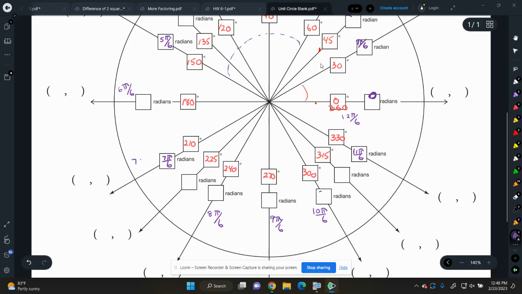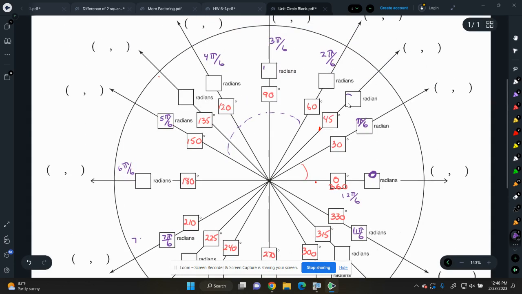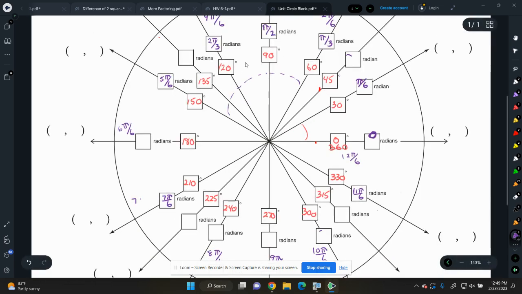And then I just go back and I reduce. 2 pi over 6 is pi over 3. So 60 degrees is pi over 3. 3 pi over 6 is pi over 2. So 90 degrees is pi over 2. 4 pi over 6 is 2 pi over 3. So 120 degrees is 2 pi over 3. 6 pi over 6 is pi.